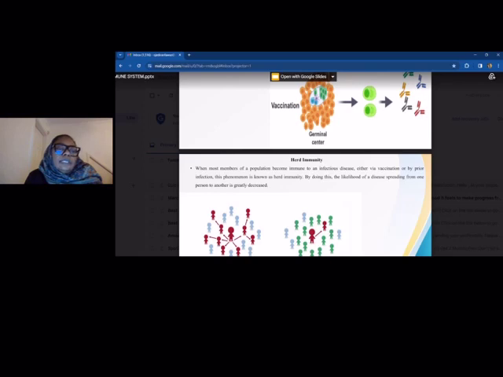That's what I said earlier: when everybody gets vaccinated, it reduces the risk of disease and the risk of death, and it's better to be vaccinated to prevent it rather than let it get worse and then start treating it.